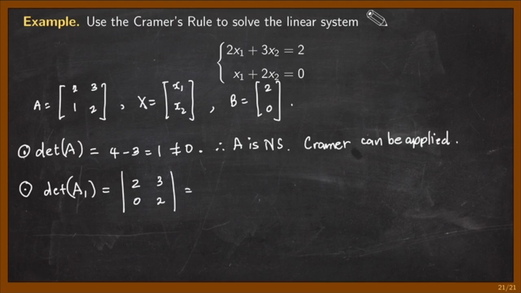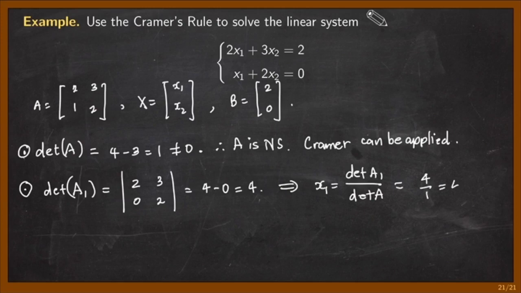So the determinant of A1 should be 4 minus 0, that's 4. Which means that x1 is the determinant of A1 divided by the determinant of A. So that's going to be 4 over 1 or 4. So there you get the value for x1.